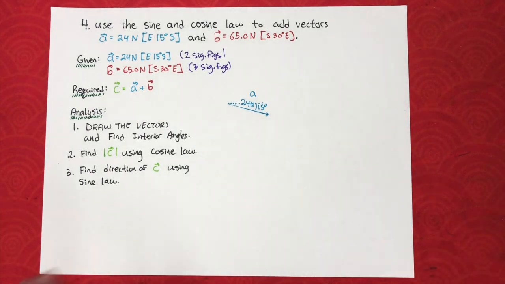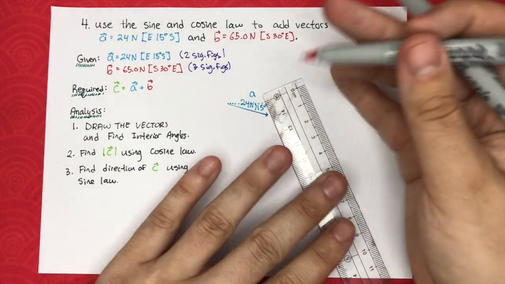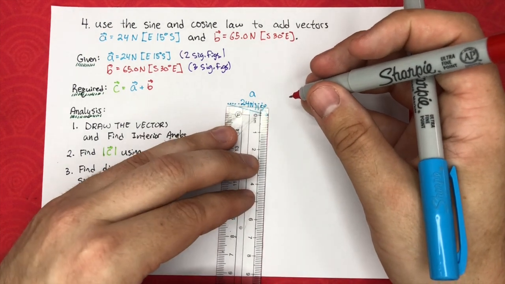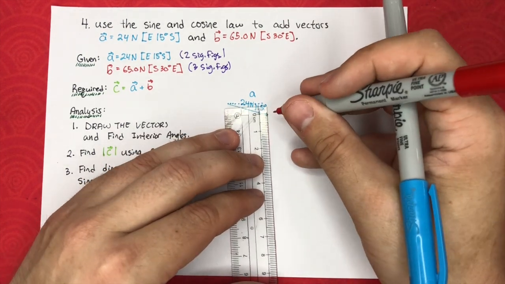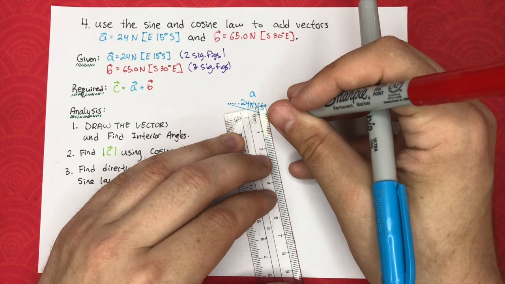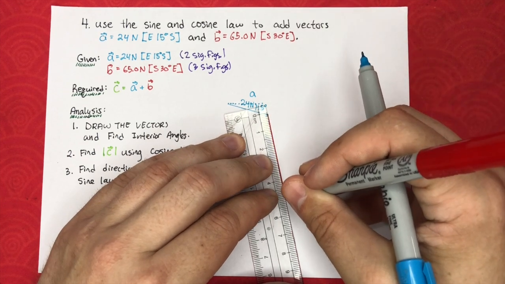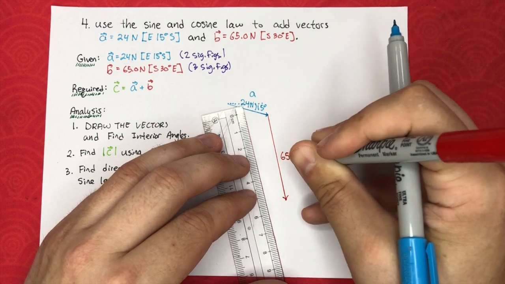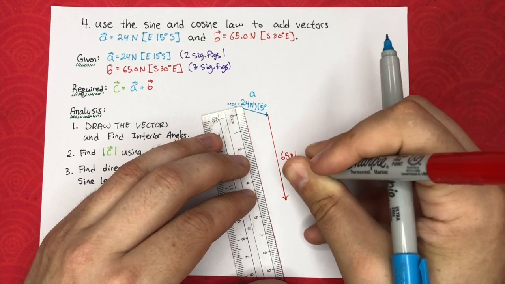And next, we're going to use the tip to tail method, and I'm going to draw the 65 newton force. It's going to start off going south, and then it's going to go 30 degrees east. So I'll draw something maybe like that. Again, this doesn't have to be too precise, but that'll be our 65 newton force right there.